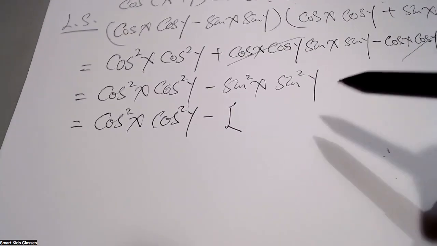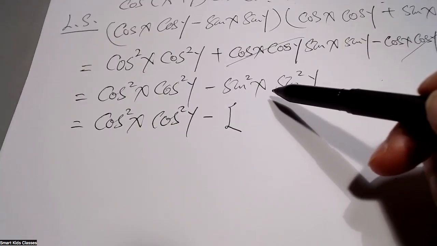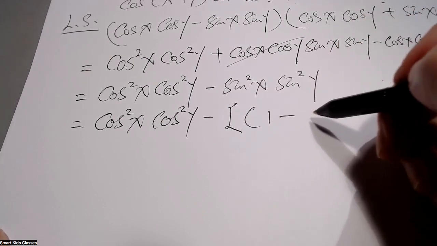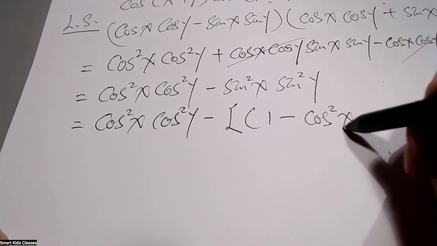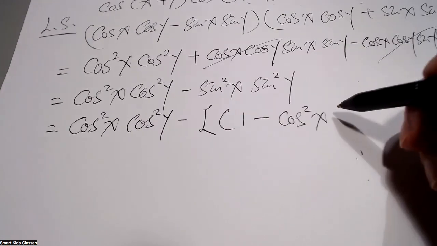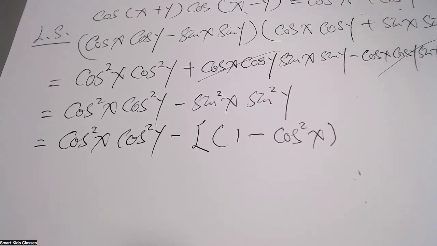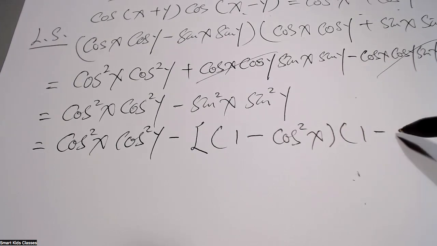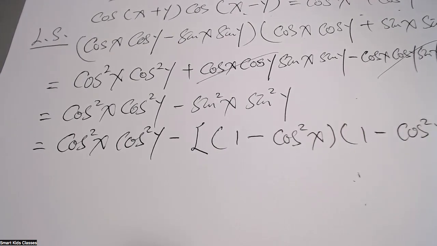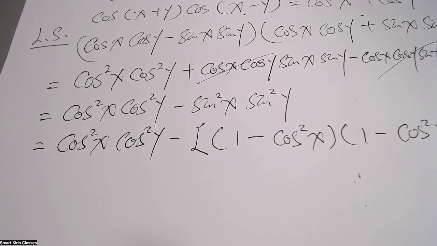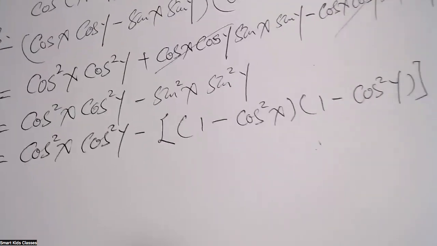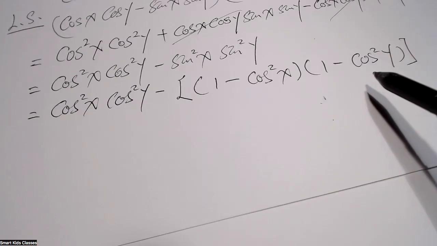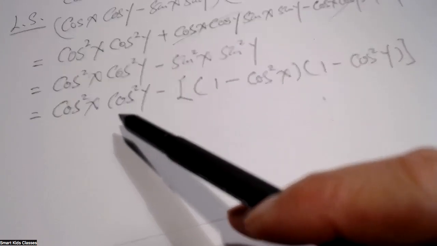Sine square x I'm going to write as 1 minus cosine square x, and the second one, 1 minus cosine square y. Now we've successfully changed it to the same variable.